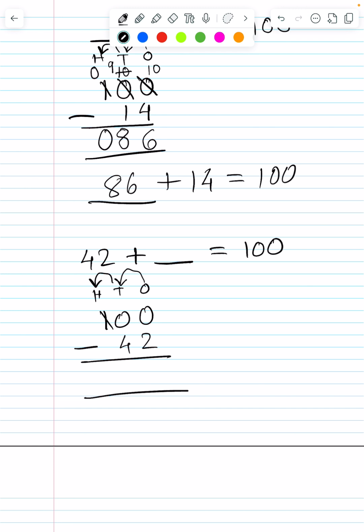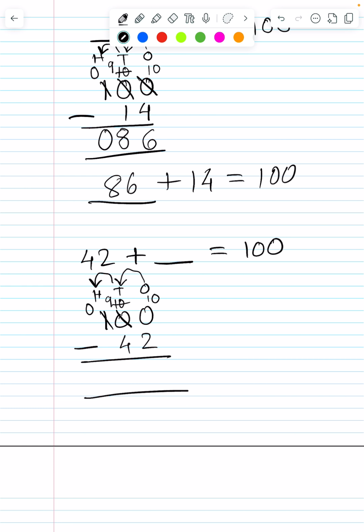And this 1 changes to 0 and tens column becomes 10 because 10 tens equal to 100. Now tens says to ones column, "Now I have 10, I can give you a 10." So tens becomes 9 and ones column gets a 10.